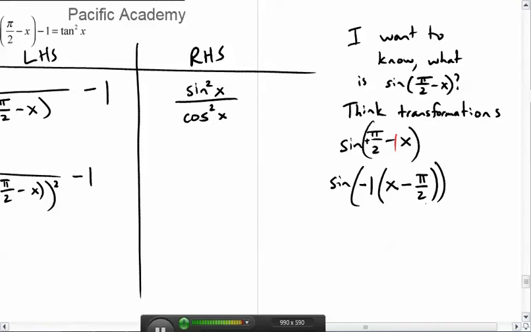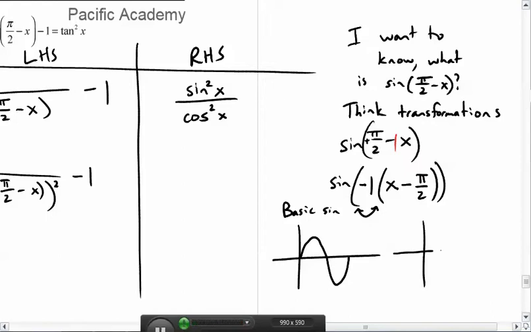So this is the same as a sine function. If I take my basic sine, which starts at 0, 0, going up, comes back down, back again in 2 pi. And the negative 1 is going to reflect it in the y-axis. So if I had sine of negative 1x, then that would be a reflection in the y-axis.